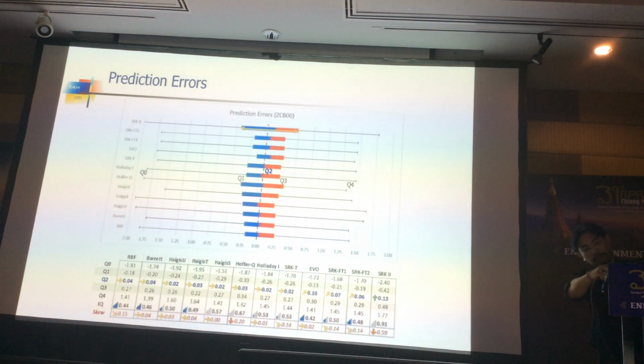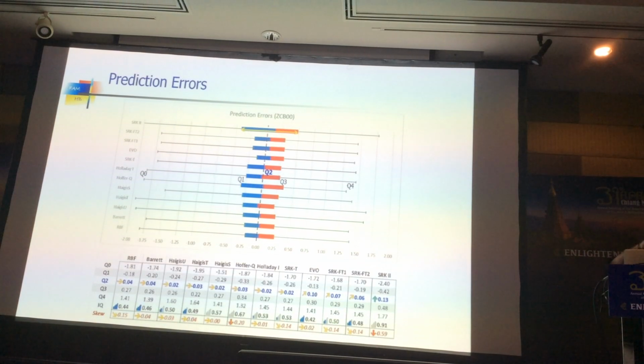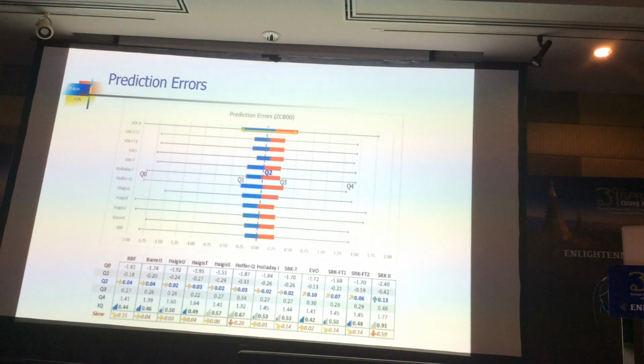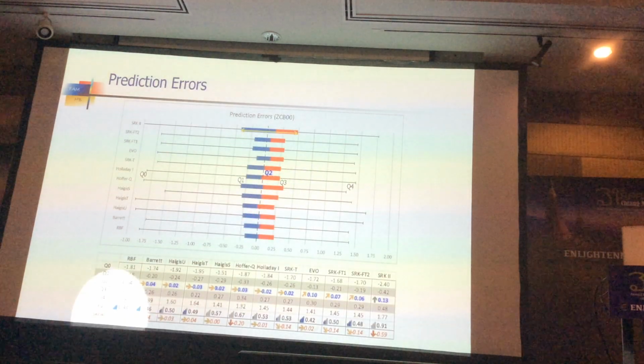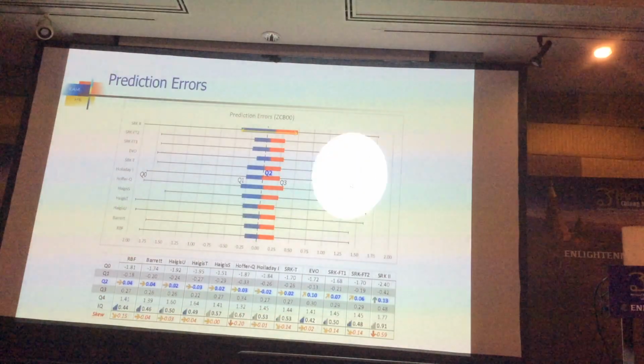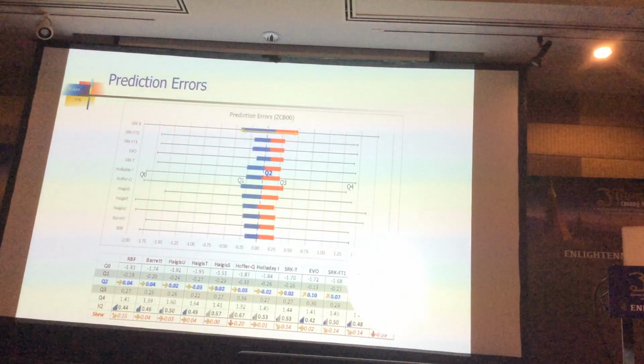And then finally, of course, the 0 and the 4th quartiles are where the outliers are. So if you look at all this, you will notice that the RBF, the Barrett, the Haigis, as well as the Evo perform reasonably well. You can look at the quartile here, they're all close to 0 because they've been optimized. SRK/T is off.